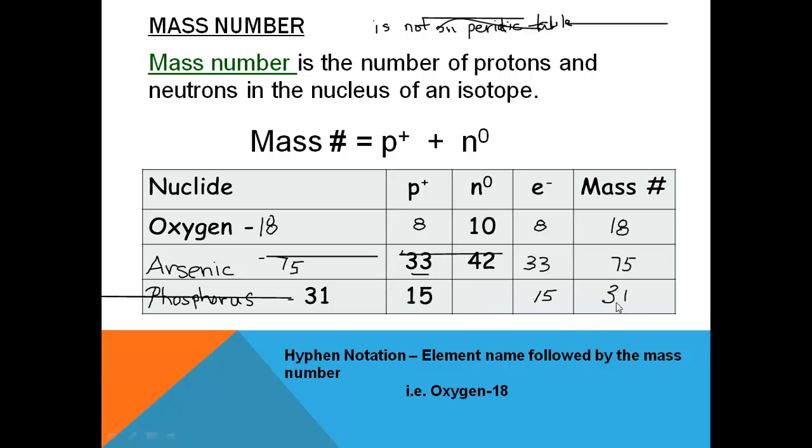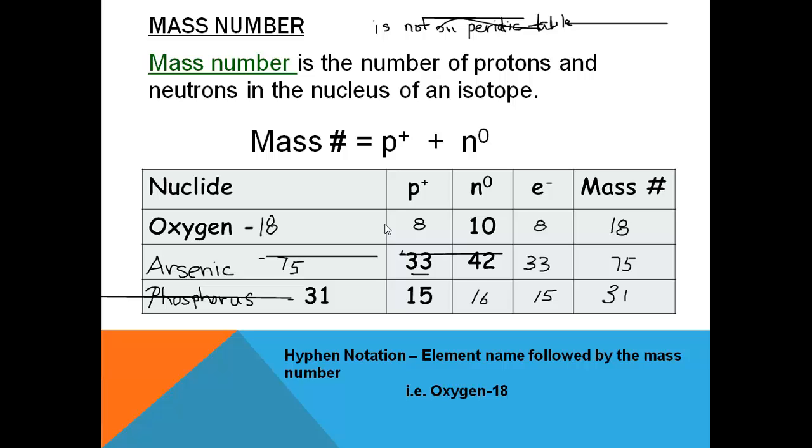Hopefully, you said we take the mass number and subtract the number of protons. This will give us the number of neutrons. Okay, so given a hyphen notation element, or given the number of protons and neutrons, you should be able to figure these things out. We'll do a lot of practice on this in class tomorrow.